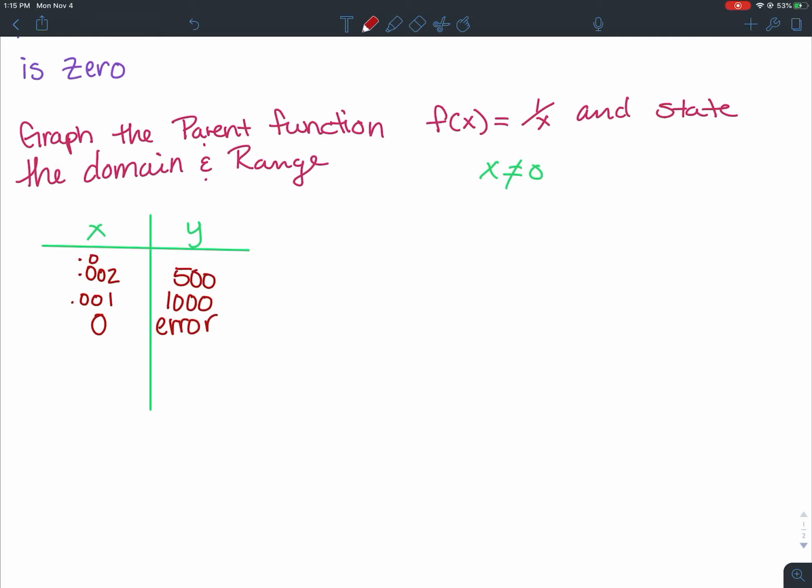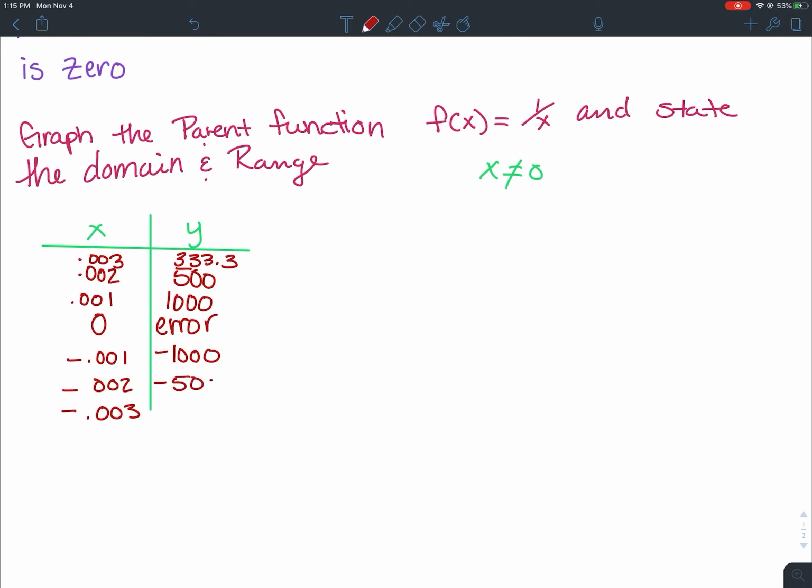If I plugged in 0.003, that would be 33.3. Well, let's see the negative versions. It's going to be the exact same numbers, except they're going to be negative.